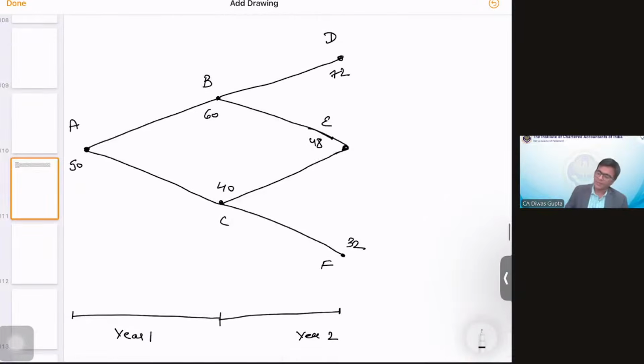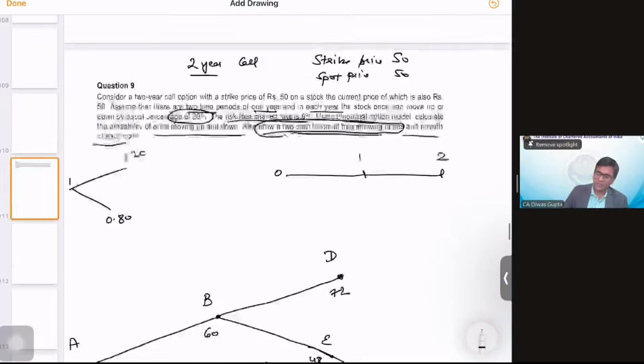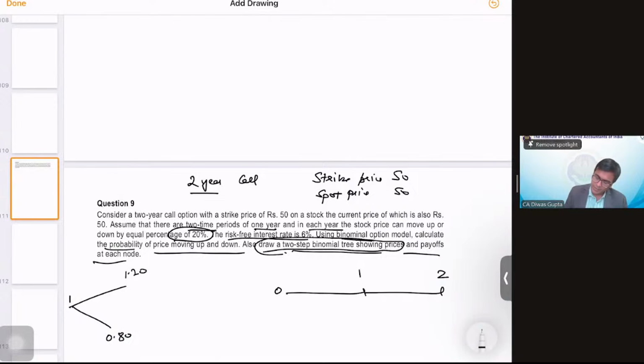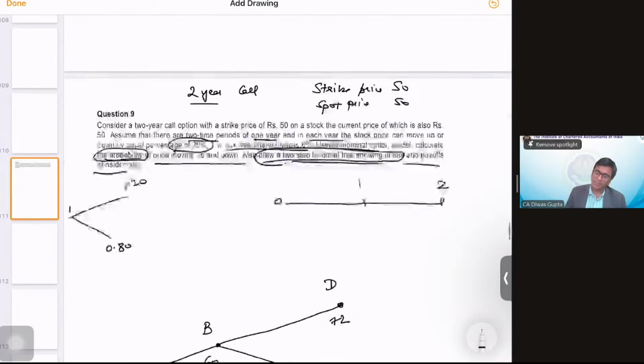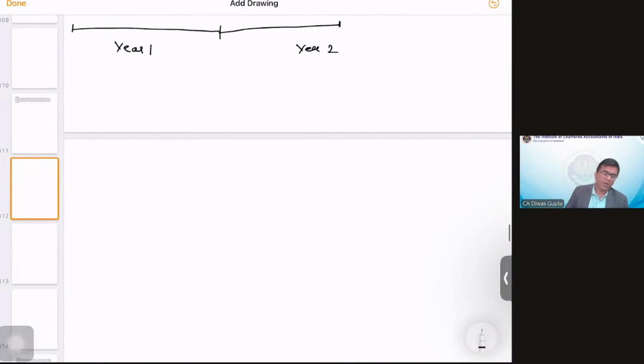Now payoffs. Now we'll have to come to the payoffs. Or let's calculate the probability first, because we have been asked to calculate the probability of prices moving up or down.